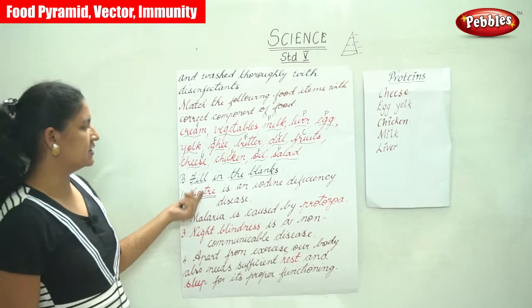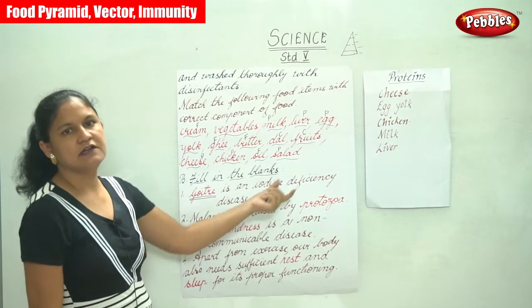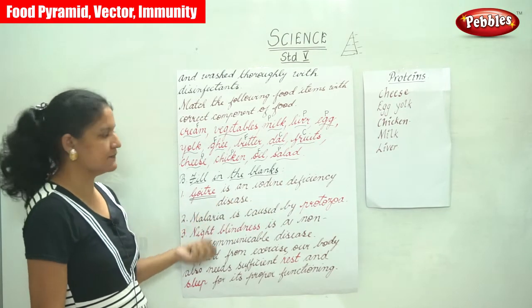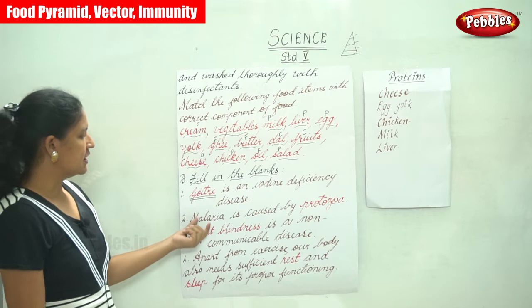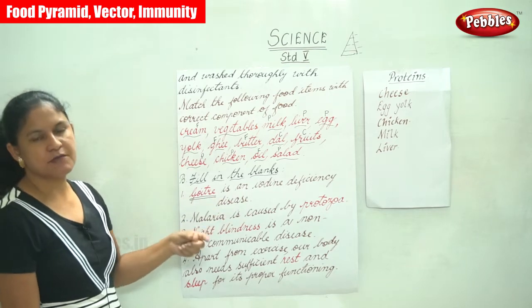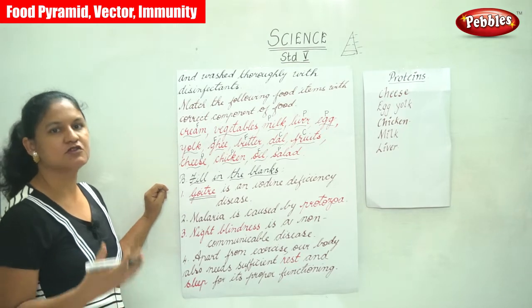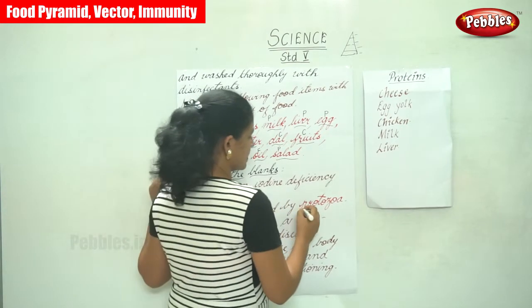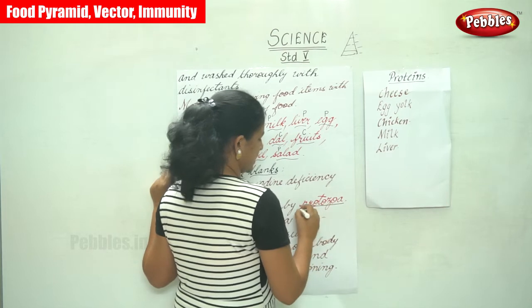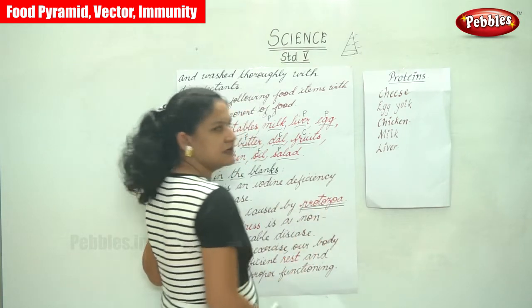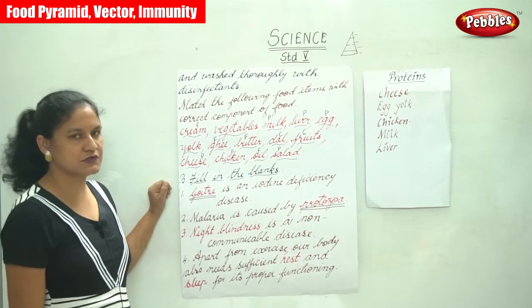So goiter is an iodine deficiency disease. Moving to the next: malaria is caused by. What causes malaria? Malaria is caused by protozoa.